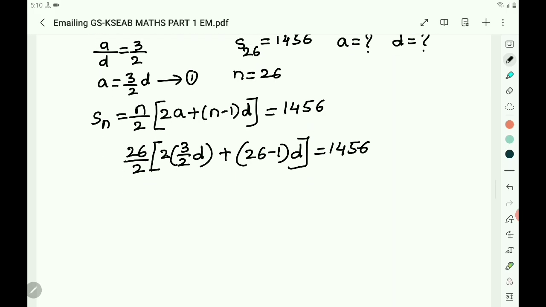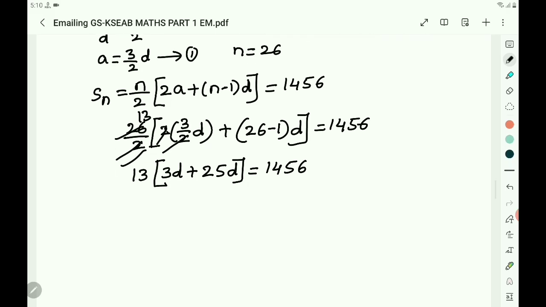2 ones are 2, 2 13s are 26. Then you write 13 into, cancel 2, 3d plus 26 minus 1 is 25, 25d equals 1456.